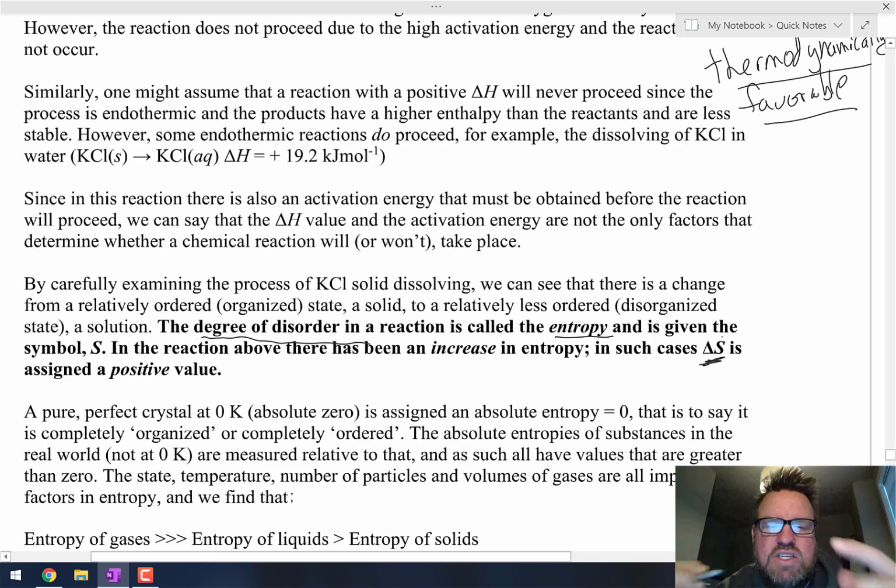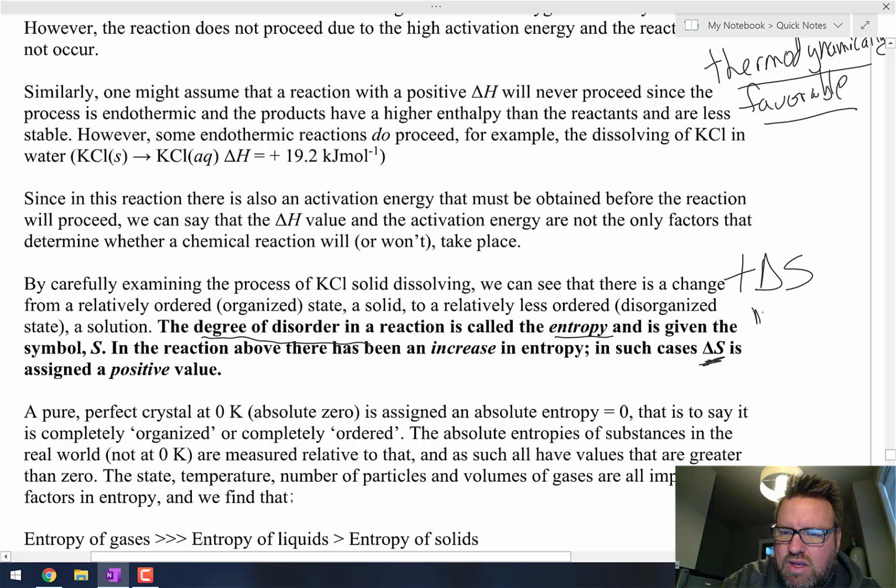When something is becoming more disordered, that is a positive delta S. So positive delta S is more disordered, and we'll talk about what that means here in just a second. And then a negative delta S means it's becoming more ordered.